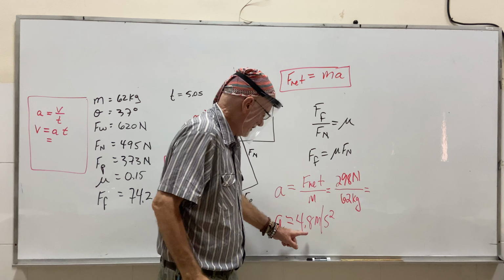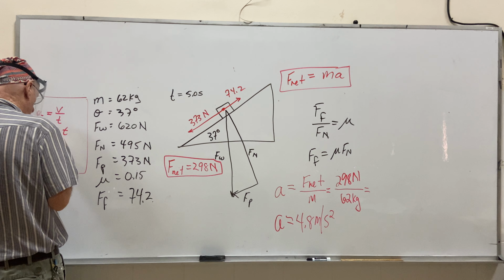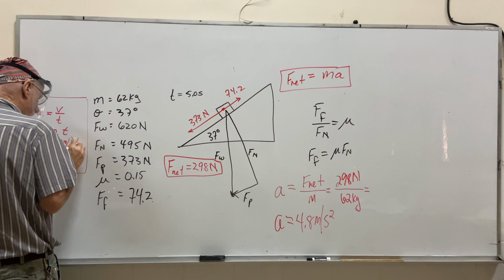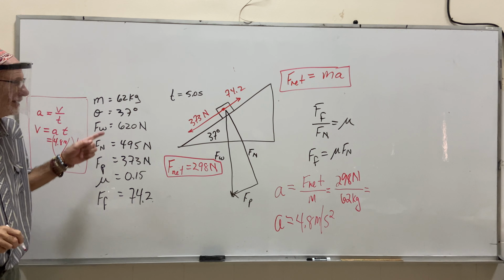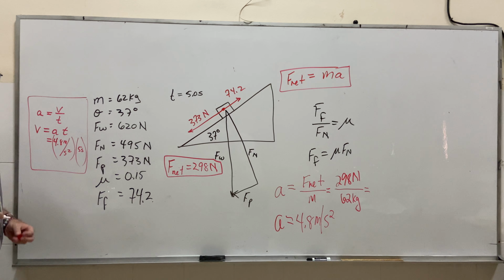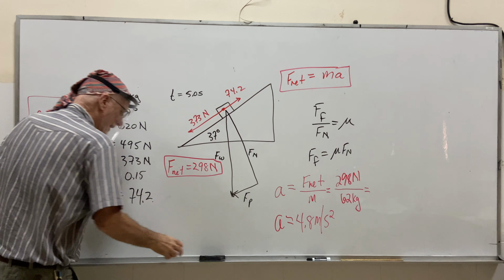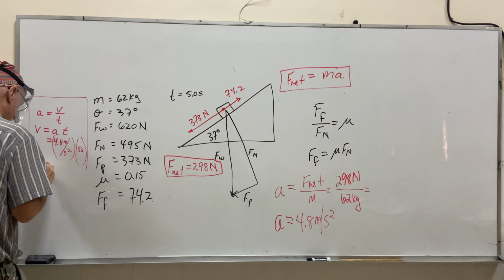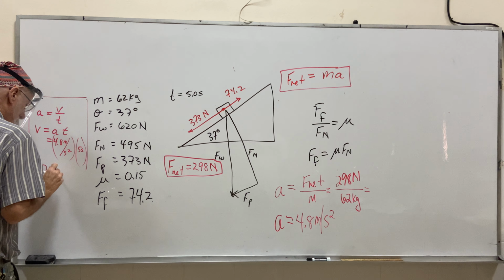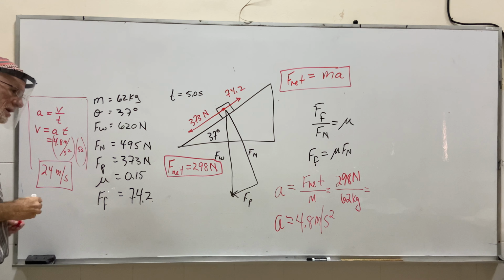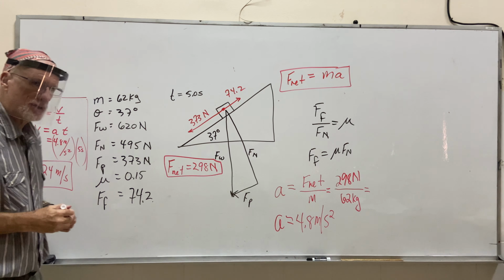A is 4.8, t is 5 seconds. What is 4.8 times 5? 24. He's going to be going 24 meters per second. Boom.